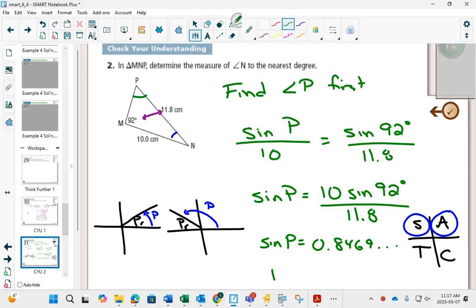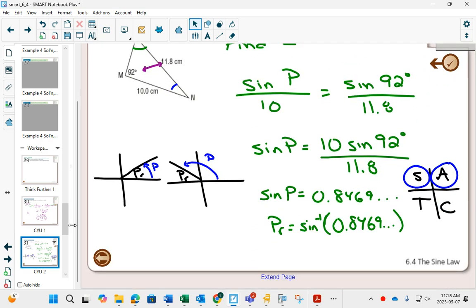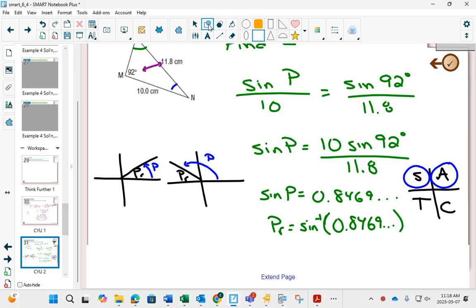How do I find my reference angle? I do sine inverse of the positive value, and it's already positive. But it's not bad at this moment to think about that little review. It was positive, so it wouldn't have made a difference.